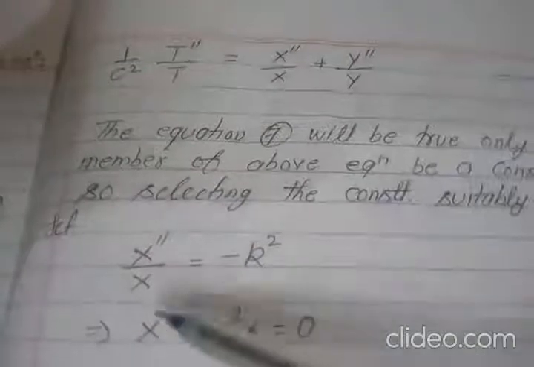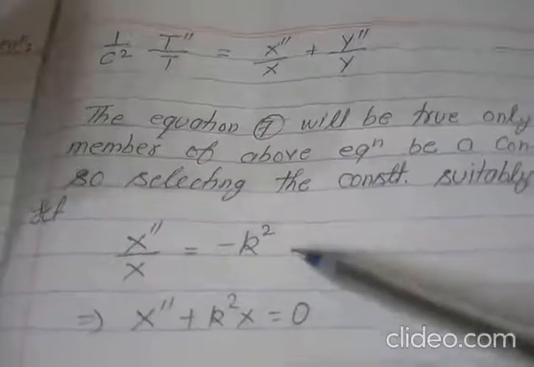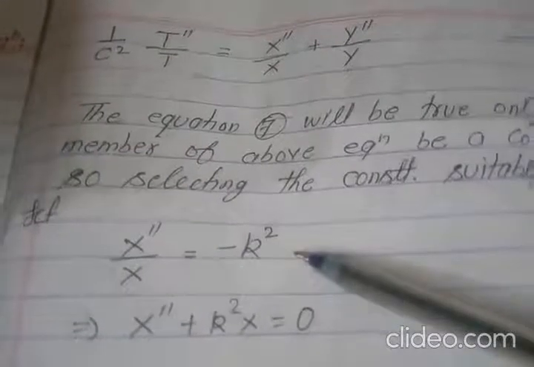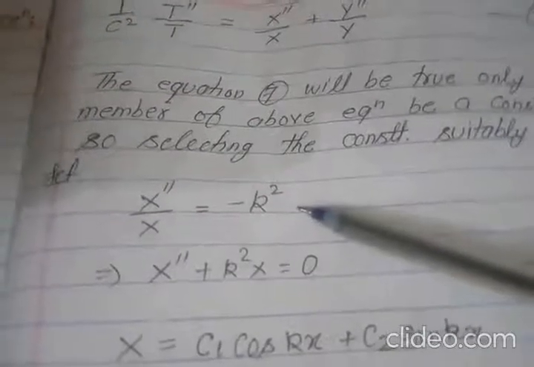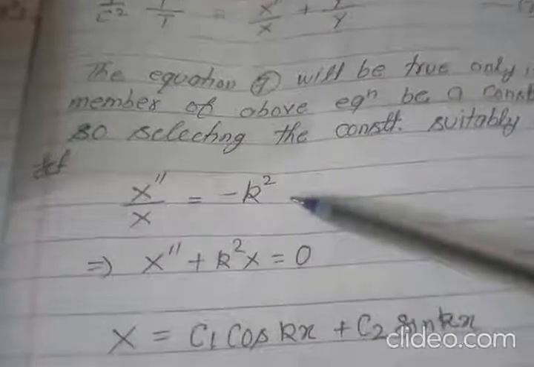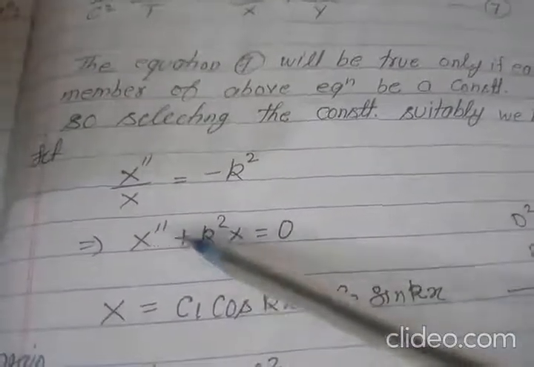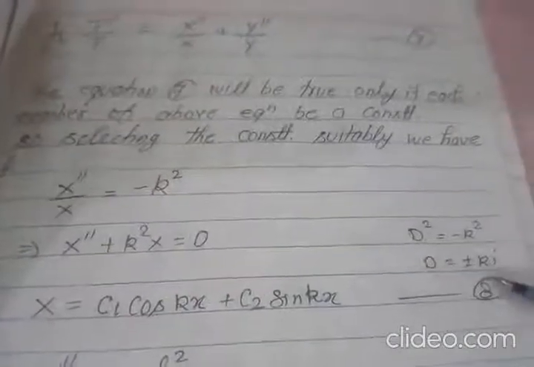Let X double dash upon X be minus k square, as we selected in dimension 1. Here we have selected the constant equal to minus k square, because this is the only choice which satisfies the nature of the wave equation. Then the equation will be of the type X double dash plus k square X is equal to 0.